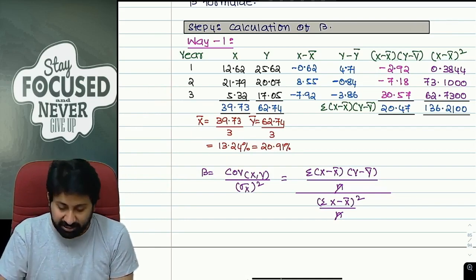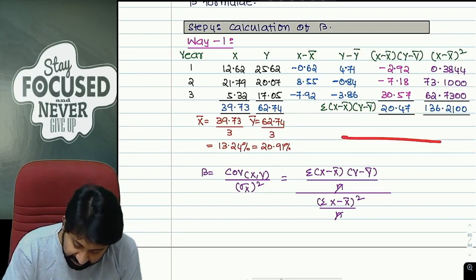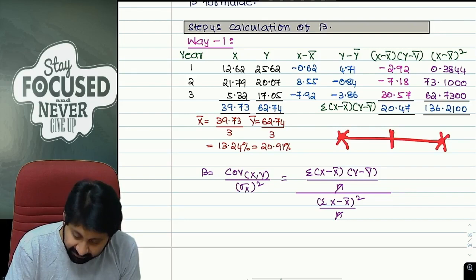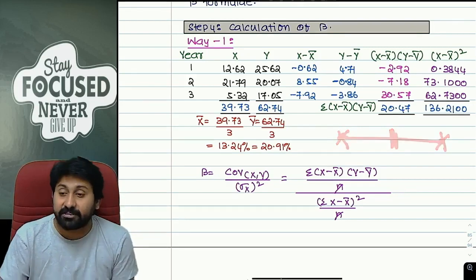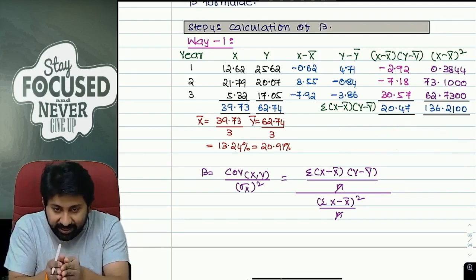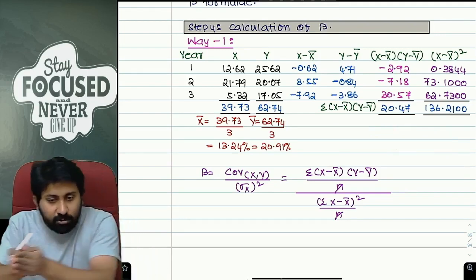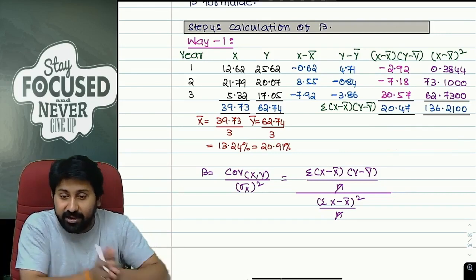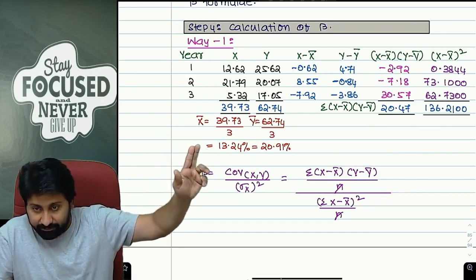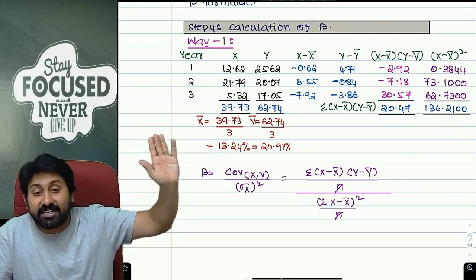The average is not at this extreme or that extreme, it is somewhere in the center. That's why it's called a measure of central tendency. From the center, it can move either side, it can add or deduct the value. So 13.24 is an average, and there is a deviation for this.